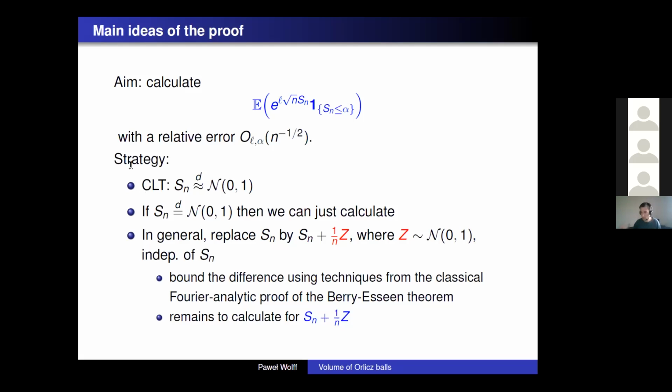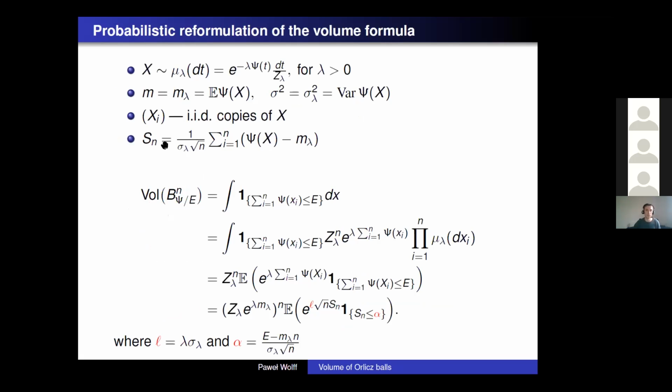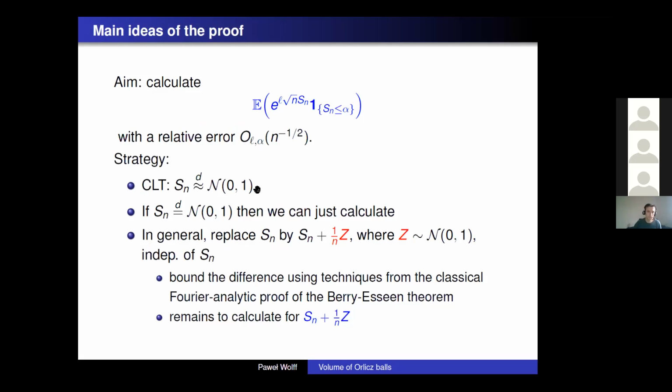Let me elaborate a little bit on the strategy. Of course, by the central limit theorem, we know that Sn, being the normalized sum of some random variables psi of xi, will be, for large n, close to the normal distribution.